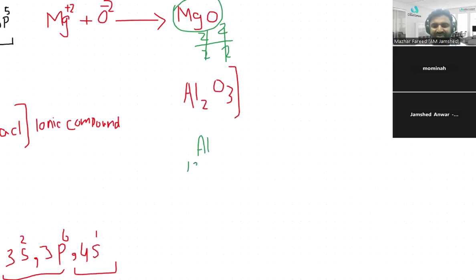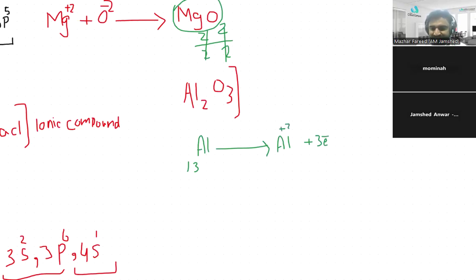So it needs to remove these three electrons to become stable. It can lose 3 electrons because it is a metal. Metal has the ability to lose electrons. So by losing 3 electrons, it will get a +3 charge.